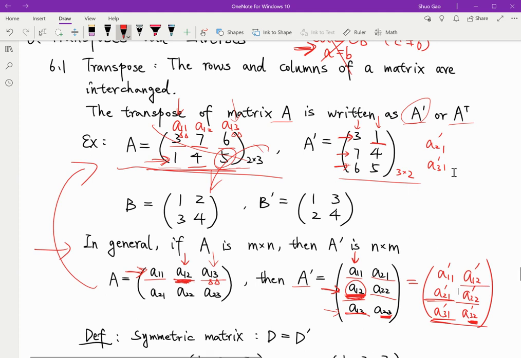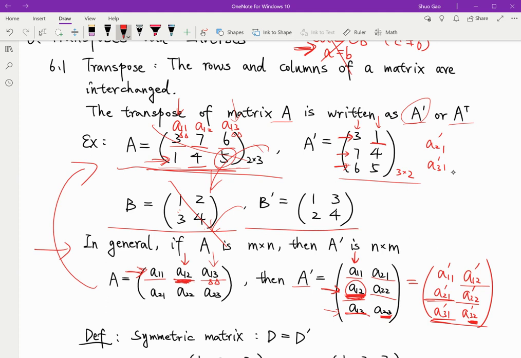Okay, here is another example. Matrix B is 1, 2, 3, 4. So B prime is 1, 3, 2, 4, right? If it's a square matrix, it's clear that you just flip the matrix B through this diagonal. So 1 and 4 lie on the diagonal, so their position doesn't change.